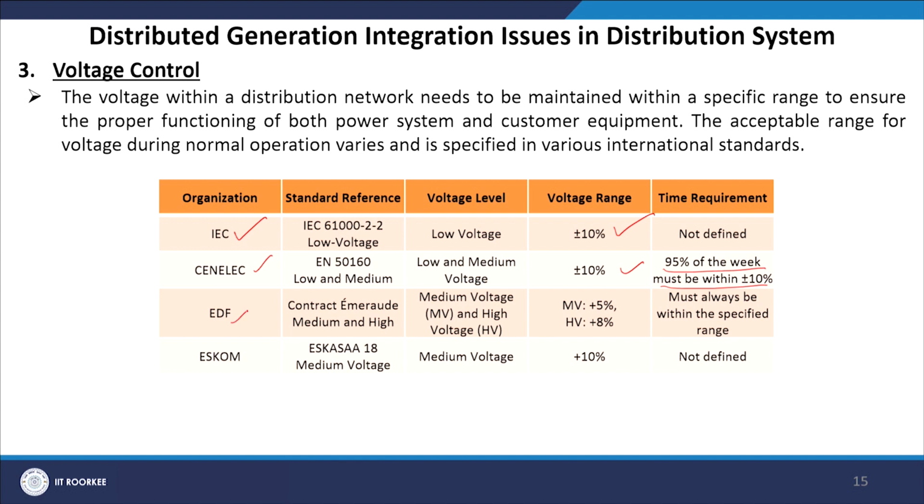Now, if you go to EDF, the standard says for medium voltage it is plus or minus 5%, and for high voltage it is plus or minus 8%. So it is a bit strict. You cannot afford to go any more than 5% for medium voltage networks, and must always be within the specified range. However, ESCOM is in line with IEC, which talks about plus or minus 10% variation, and the time requirement is not mandatory.